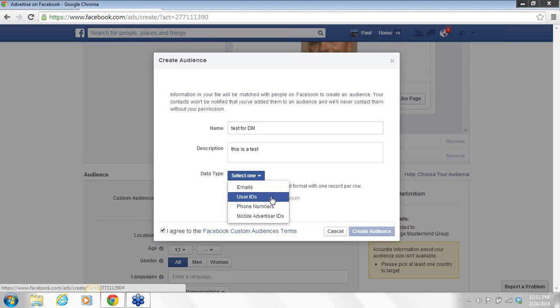If I uploaded a list of emails to the custom audience, about 70% of the emails, and that's what I found on most lists, whether it be a bought list or your own personal list that you've grown over a period of time, depending on how old or how new the information is, you'll get about 70% of the people that you upload.